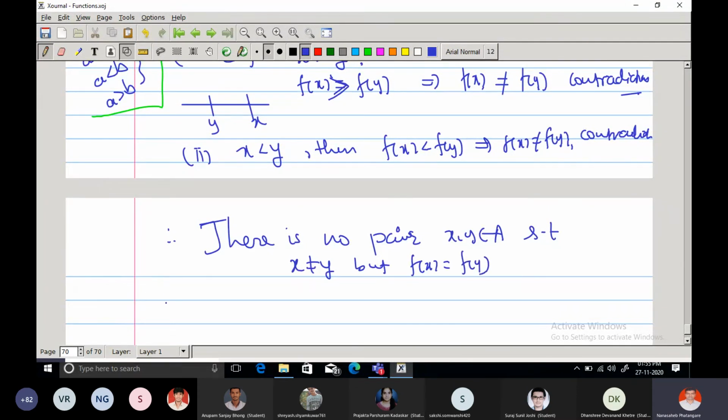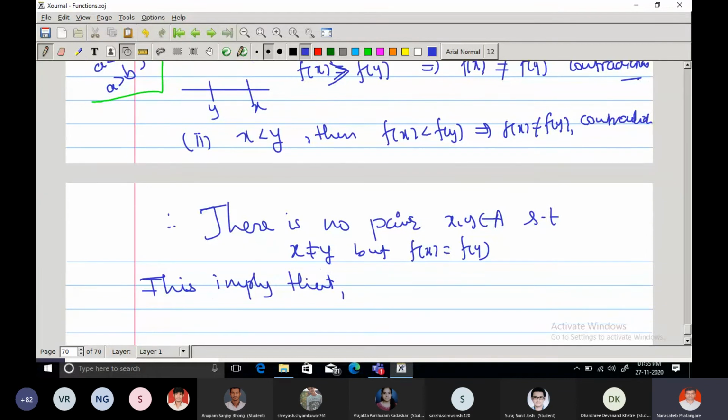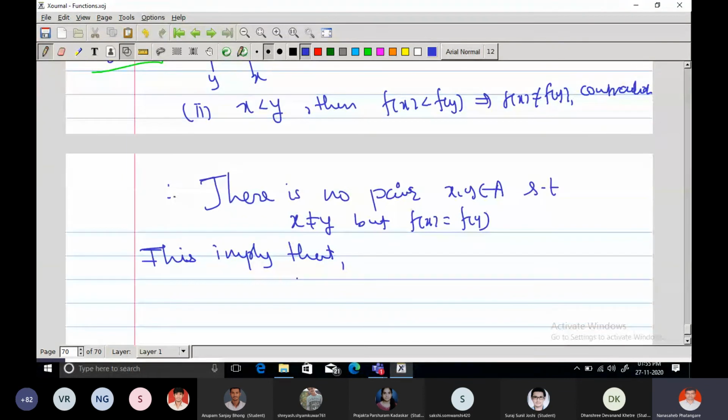That means, what does it mean logically? This is a logical way of thinking. So there is no such pair. That means what happens for all pairs? x not equal to y implies f x is not equal to f y.